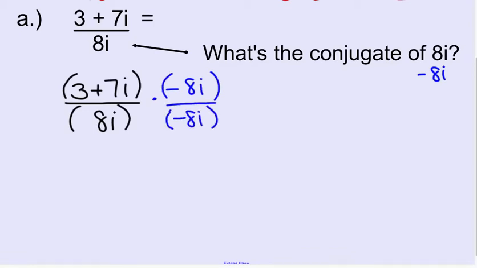Now let's go ahead and multiply. We're going to multiply like we're foiling or distributing. We're going to take 3 and multiply it by negative 8, and we get negative 24i. Then we're going to take 7i and multiply it by negative 8.